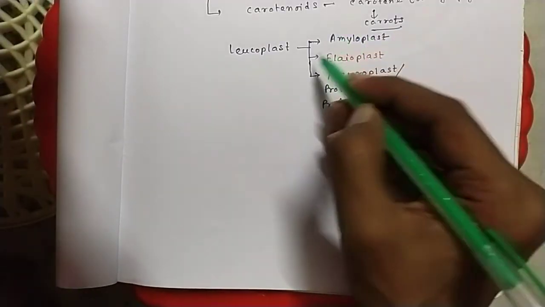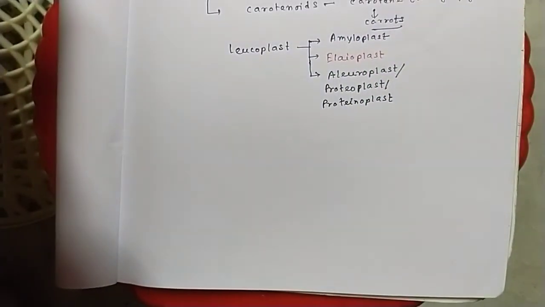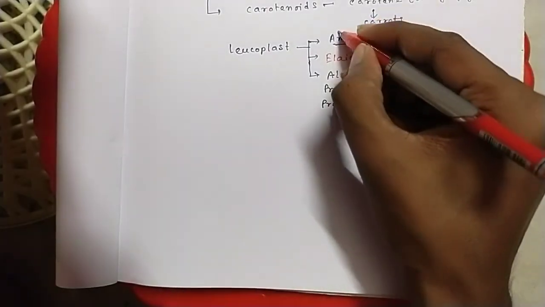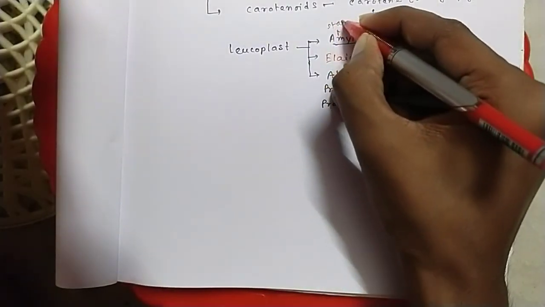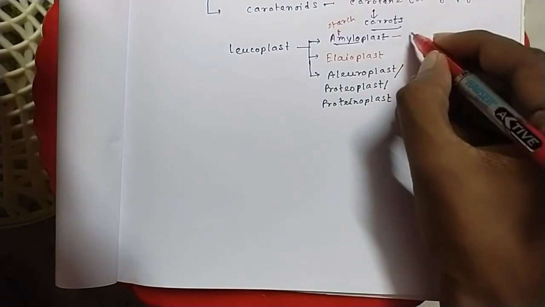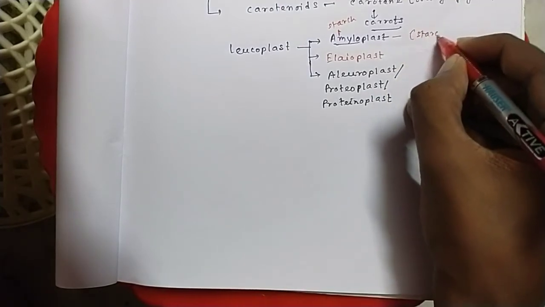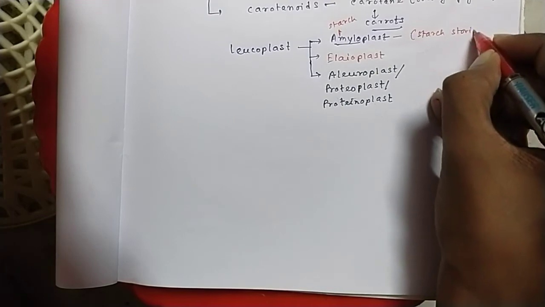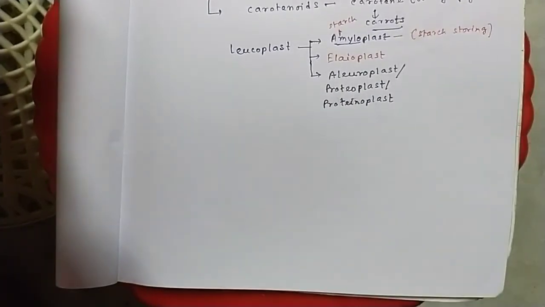Now you have understood that this classification is mainly based on function. Amylon means starch, so they are basically starch storing leucoplastids, for example potato tuber or wheat.